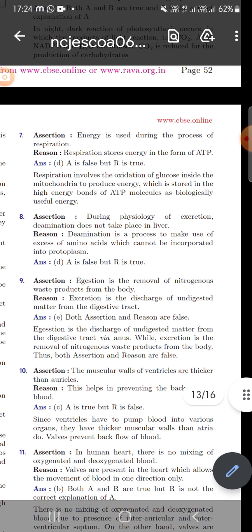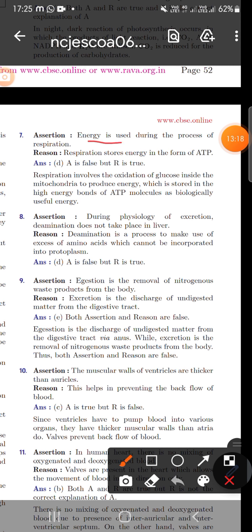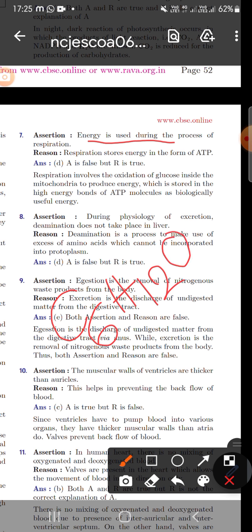Come to the seventh question. Energy is used during the process of respiration. Think once about this process. Energy is used, they are saying. What is the process of respiration? Breaking the glucose molecule, C6H12O6.